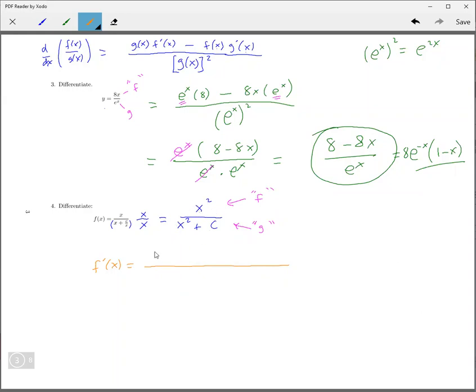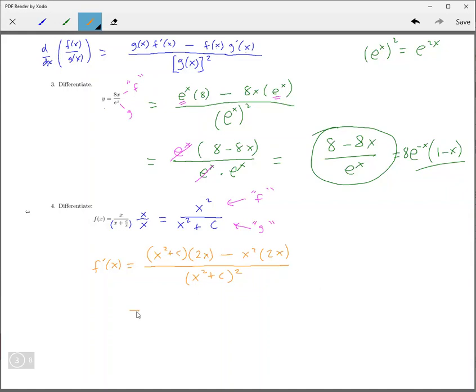It is the low part times the derivative of the high part, which is just 2x in this case, minus the high part, which is just x squared, times the derivative of the low part, which is 2x. Okay, so derivative of this is 2x, derivative of a constant is 0. All over the square of what's below.